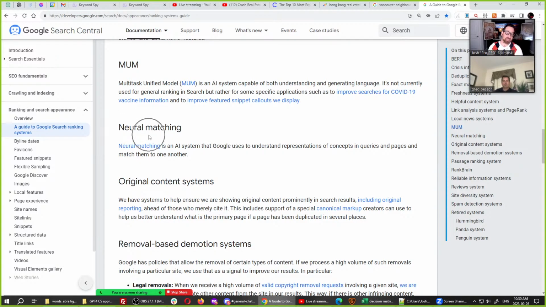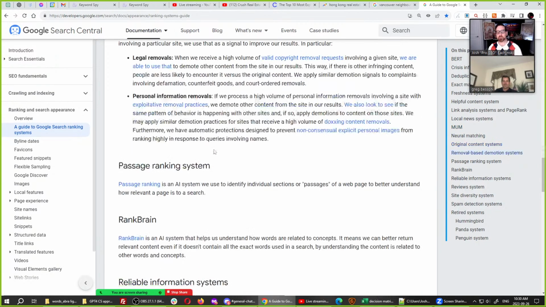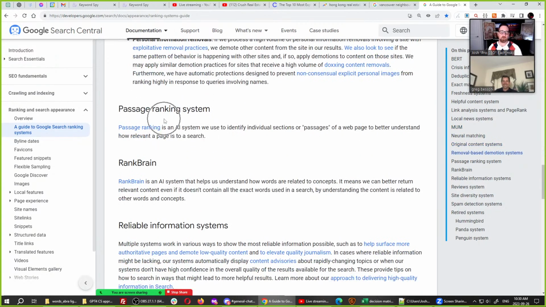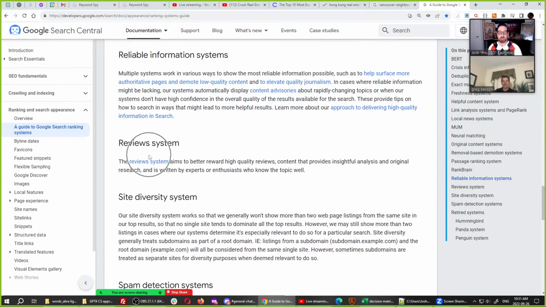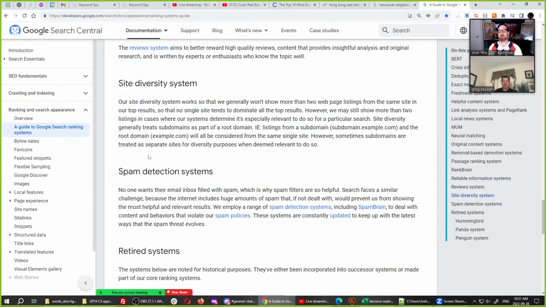It is the biggest on-page ranking factor, and no other AI tool even talks about it. They don't even mention it, right? Passage ranking, we have a proven to boost you passage ranking system AI that will help you. RankBrain, we have a reverse engineered RankBrain system. Review systems, we have a reverse engineered and proven to boost your review system as well.